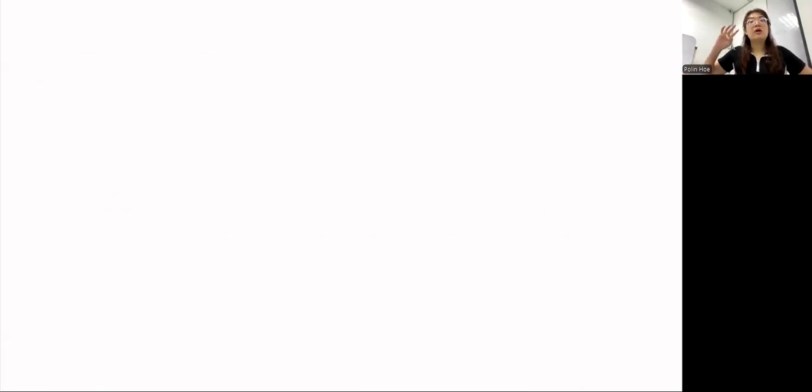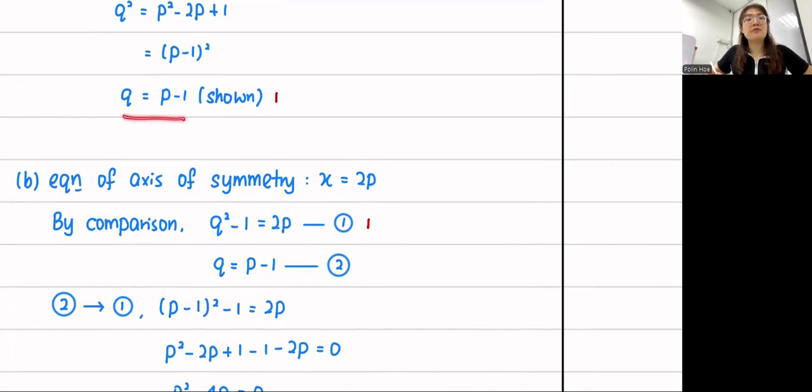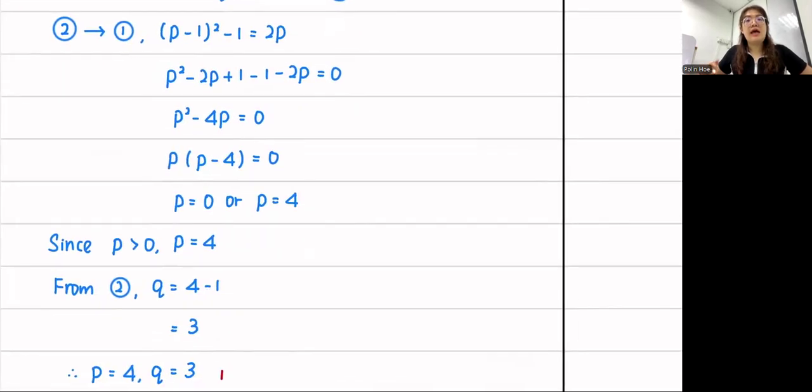What you find is x equals 2p, given x equals q squared minus 1. From part A, I know that q equals 1 minus p. Two unknowns, p and q, two equations, solve it simultaneously, and you get 2 values.